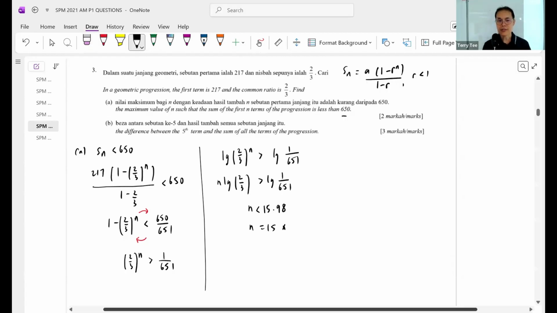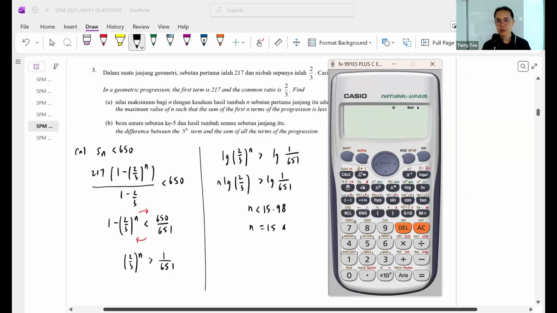Okay, now let's verify using a calculator. We're going to do 217 bracket 1 minus 2 over 3 bracket power n is now 15. Then you divide by 1 minus 2 over 3.